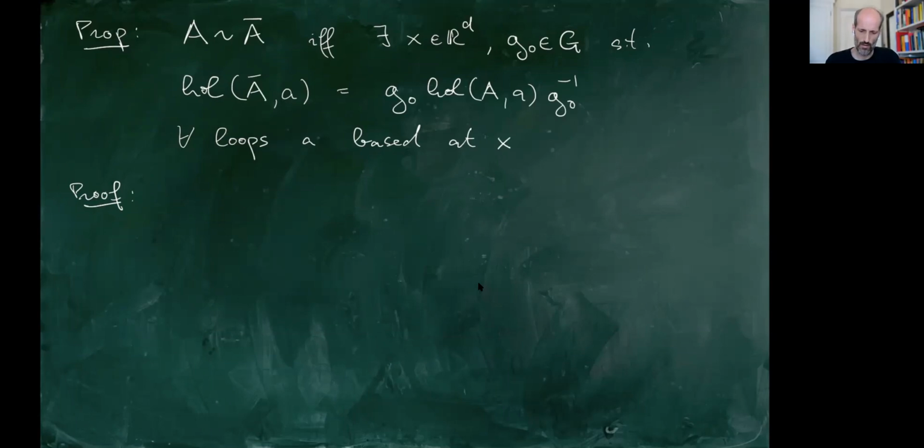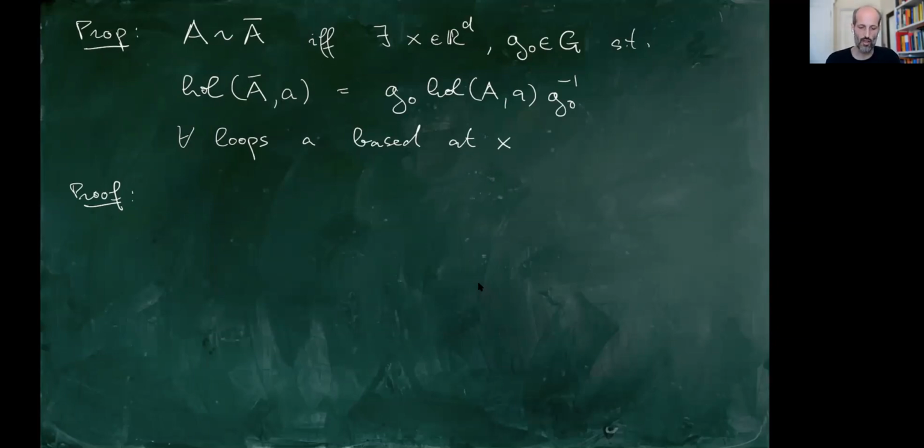Or do I want the g naught to be allowed to depend on A bar? No, I don't allow the g naught to depend on A, but I think it's allowed to depend on A bar. Yeah, the statement is correct.